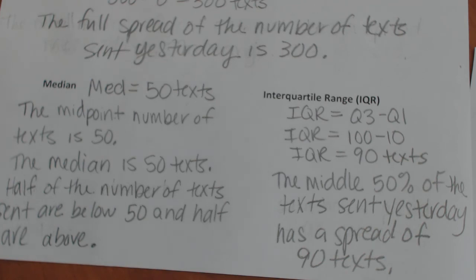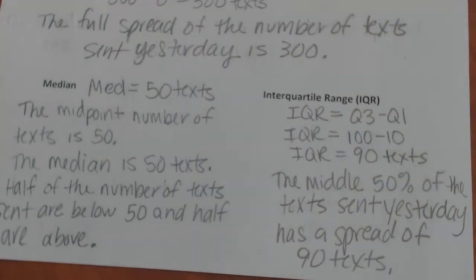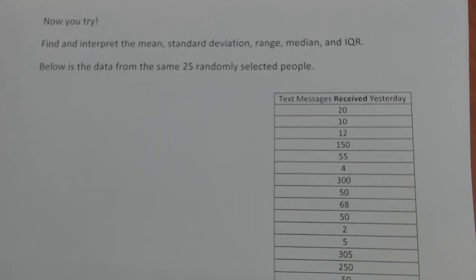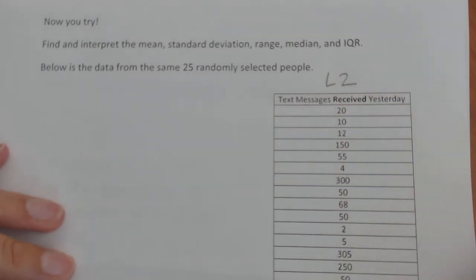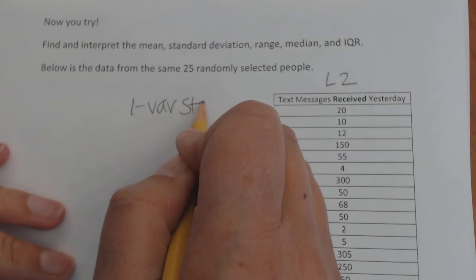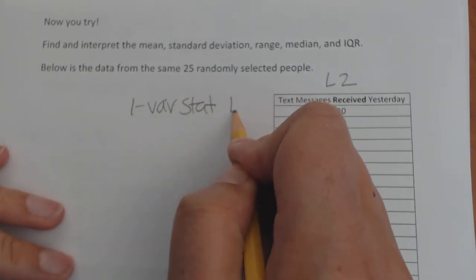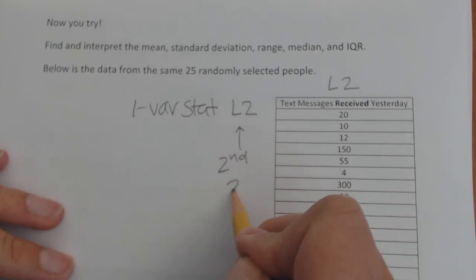Now I want you to try. You will find that the next sheet has this attached to it, and it says now you try. This hopefully should be in your calculator as L2. So when you're running a one variable statistics, please remember to push second 2 so that you get L2 and not L1.